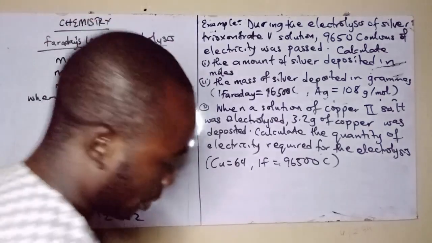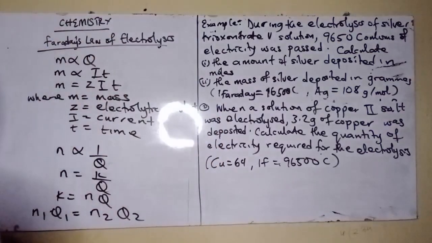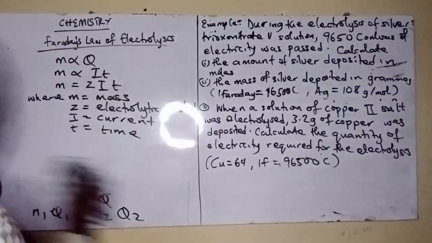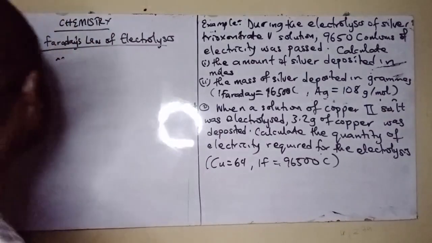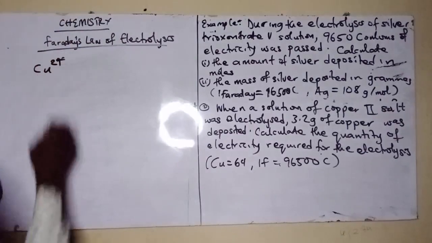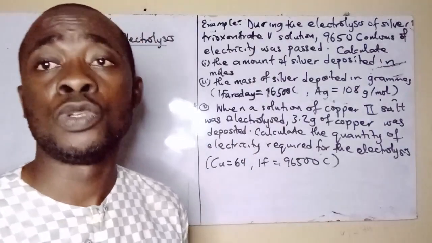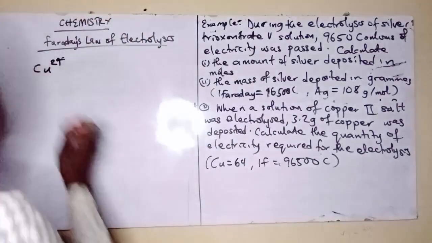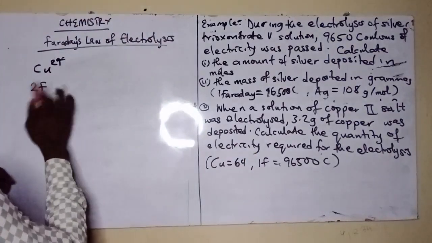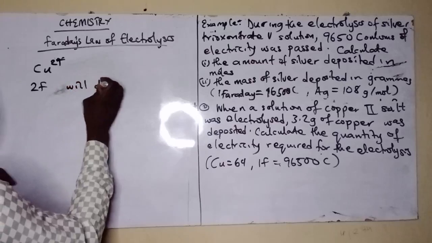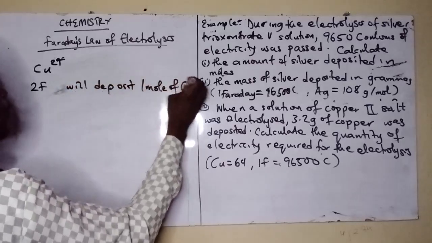Take for example copper, copper is always Cu2+. So the charge on copper is 2. So we say that 2 Faraday of copper, 2 Faraday will deposit 1 mole of copper.